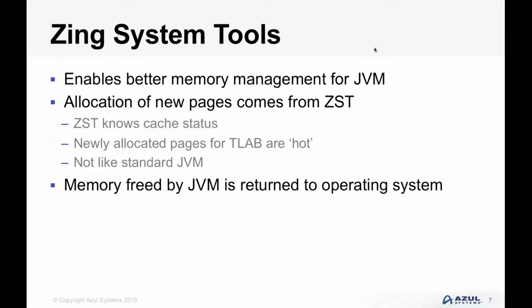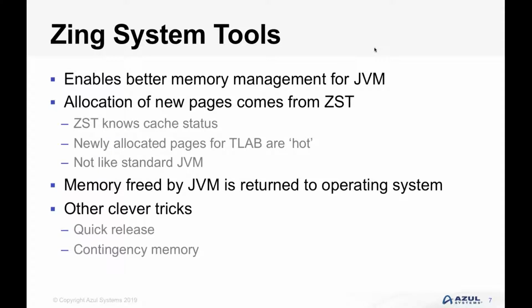But again, in terms of cache hits, we can improve the way that works. We have a couple of other clever things that we can do, which improve performance and give better reliability with the JVM.